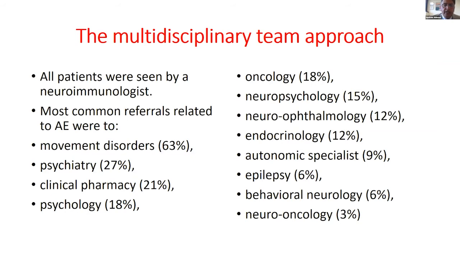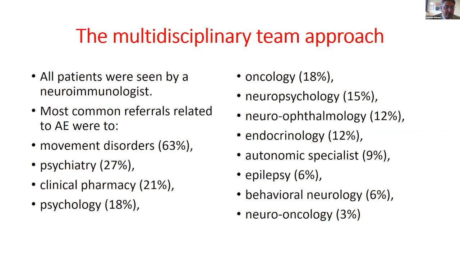We also evaluated the utilization of the multidisciplinary team and the autoimmune encephalitis clinic so far, and we evaluated the percentage of patients that were referred to other collaborators who work with us in the autoimmune encephalitis clinic. The majority of referrals were to movement disorder specialists, and this is a little bit skewed because our clinic actually has a focus on autoimmune movement disorders, so that almost goes without saying.